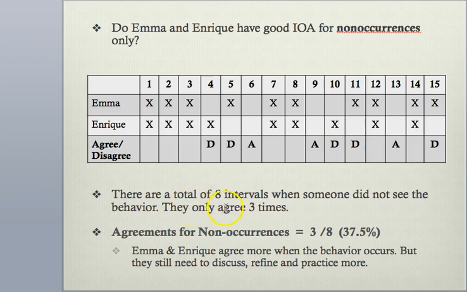In fact, out of the 8, only 3 times do they agree. And when you divide 3 by 8, you see that their non-occurrence agreement is only 37%. So Emma and Enrique agree more when the behavior occurs. They have lower agreement ratings when someone believes that the behavior did not occur, but overall they really do need to address both their definitions of occurrences and of non-occurrences in order to pull that overall IOA value up.